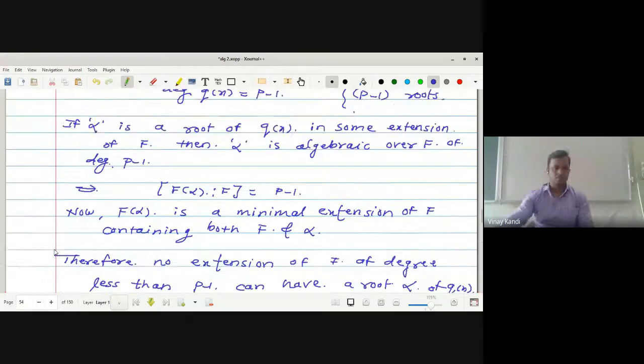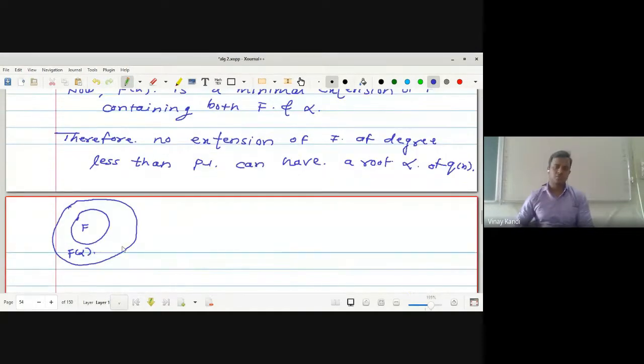Alpha is the root of q of x in some extension of F. Suppose alpha is there, and the degree of F of alpha over F is p minus 1. This is the minimal one; no smaller extension of F will occur. There does not exist any extension of F that contains both F and alpha.